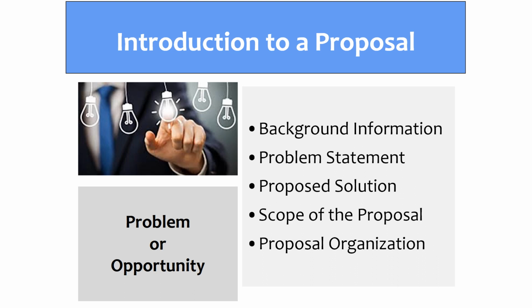And the last one is proposal organization. So basically informing the reader of the remaining details of the proposal, as well as calling attention to the major divisions in the proposal. So basically it's a recap. So this is the introduction.